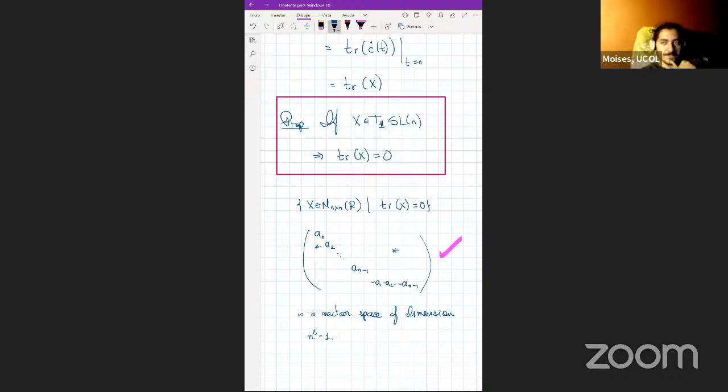Because only one entry you cannot put whatsoever. You're missing one entry. Okay?